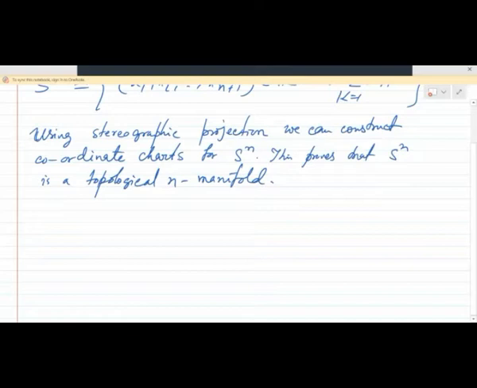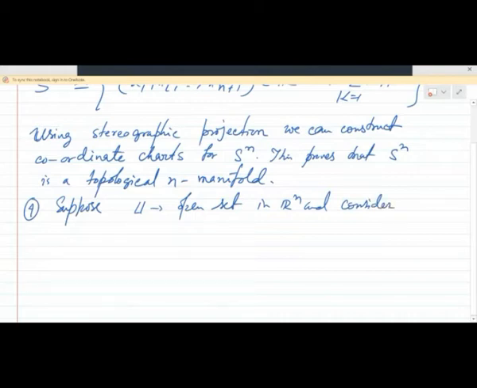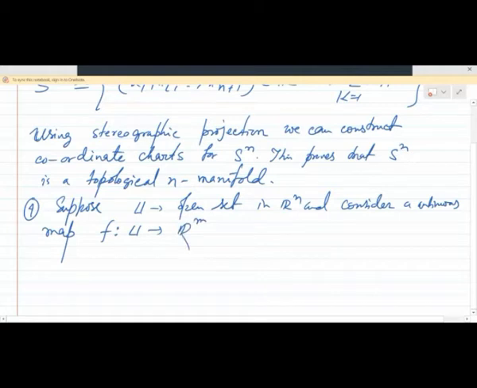Now the next example is also an important one, because suppose you have an open set U in Rn, and consider a continuous map f from U to another Euclidean space Rm.